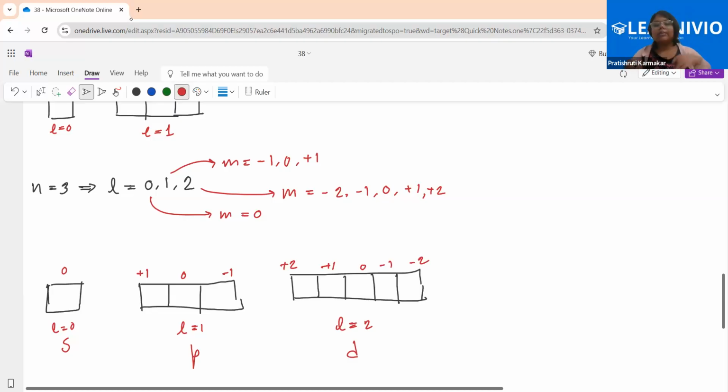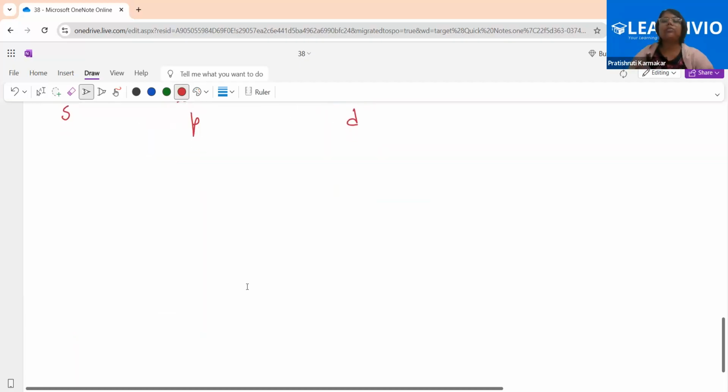Similarly, if we do n equal to 4, what will be the values of L? L will be 0, 1, 2, 3. Now for L equal to 0, what will be the value of m?